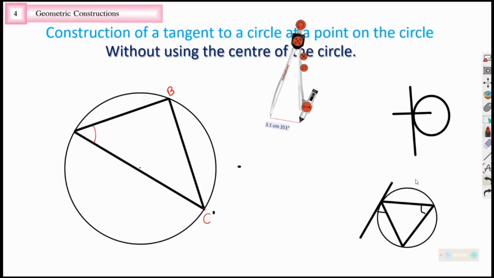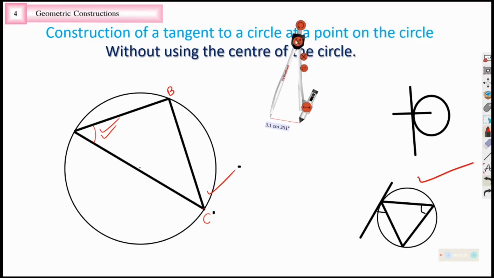Now I know the principle that the tangent which I am going to draw will have an angle here, and that angle and this angle will be congruent. So why can't I copy this angle over here and get that tangent? That is the technique.